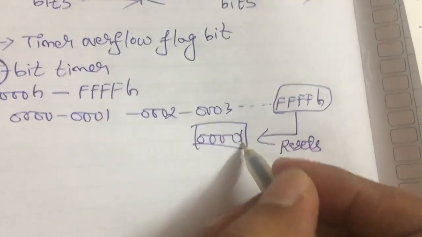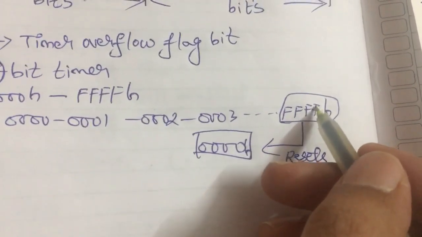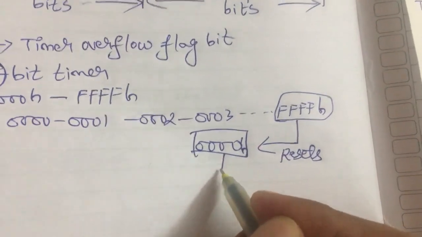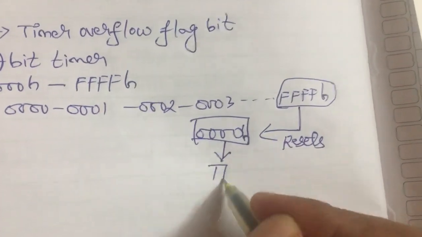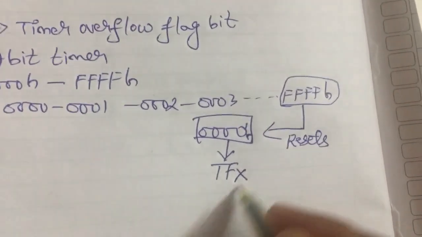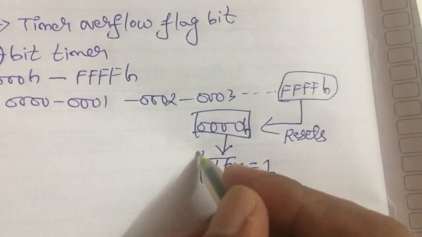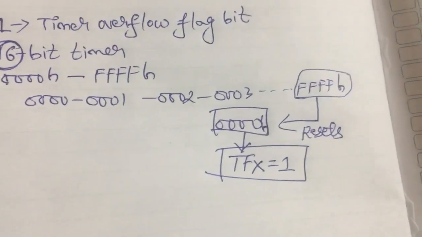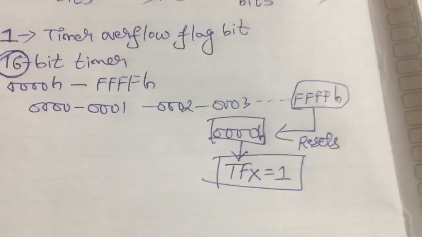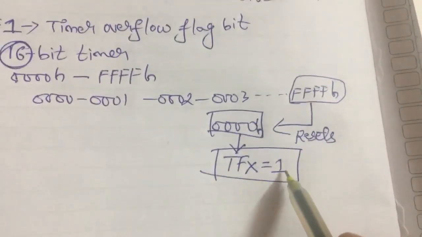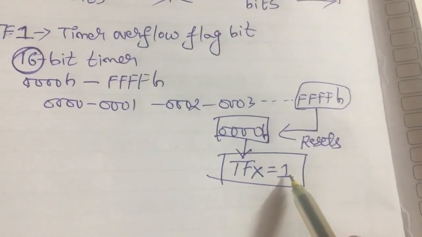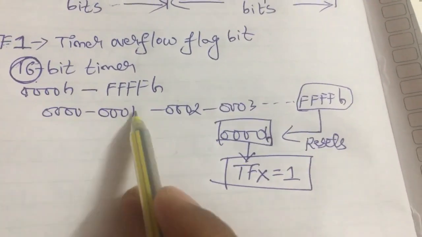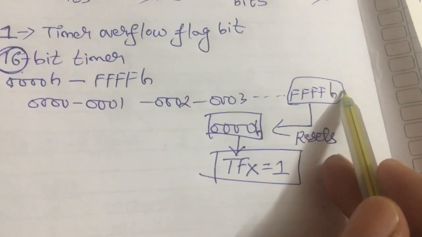when the timer resets back from the max value to 0000H, automatically the timer overflow flag TFX will be equal to 1. Hope the meaning of the TFX flag is clear. So with the 16-bit timer, it will count 0, 1, 2, 3 up to the max value FFFFH.